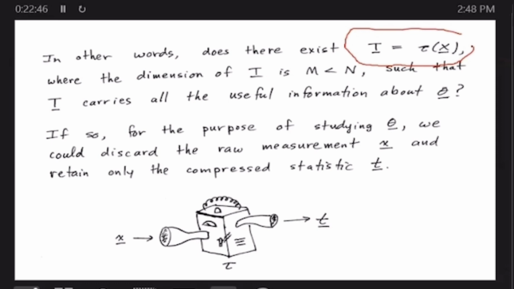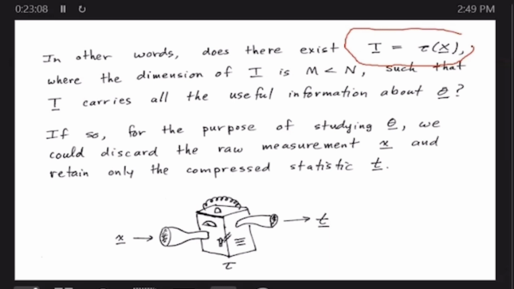And that was why we said, if that is so, then the purpose of studying that, we could discard the raw data. After summarizing it, after getting the result, what are we going to do? We're going to discard the raw measurement. We're not interested in them anymore. And what are we going to retain?